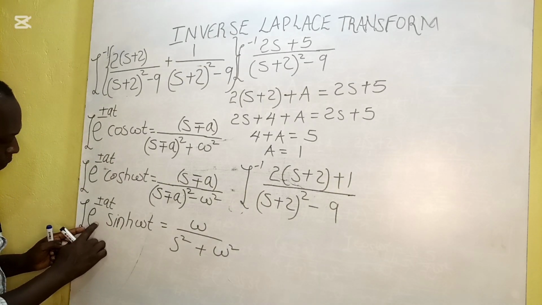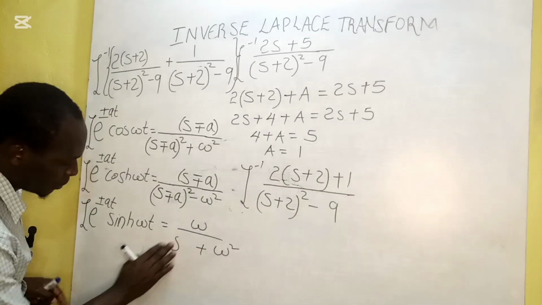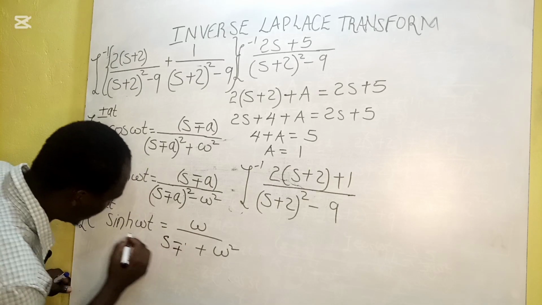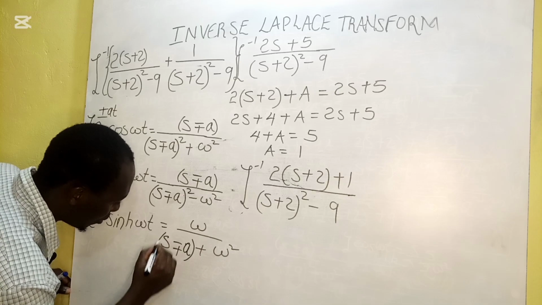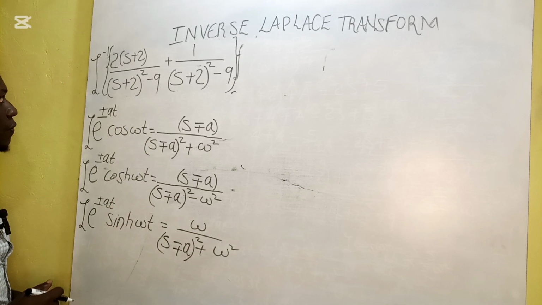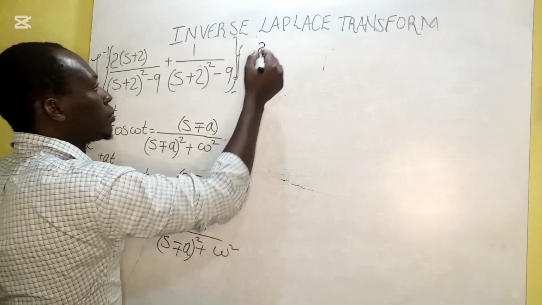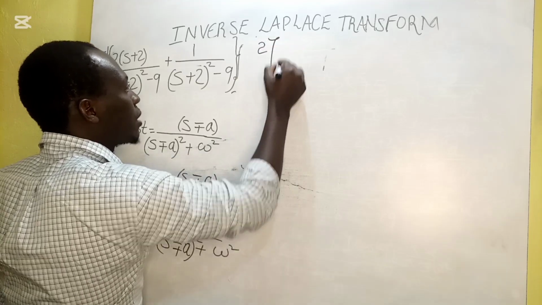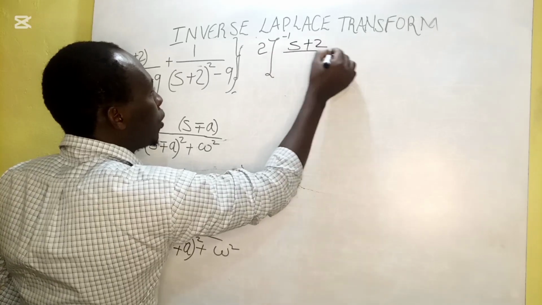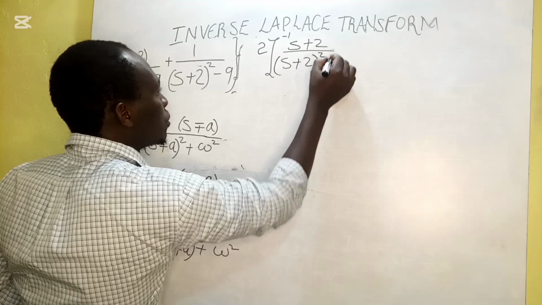Since the term of s is being shifted, it is only this term that will be shifted, and now here we are going to have s negative or a positive of a, everything squared. Let us now start working with our first value here. We are going to have the inverse Laplace transform of s we add to 2 all over s we add to 2 everything squared.